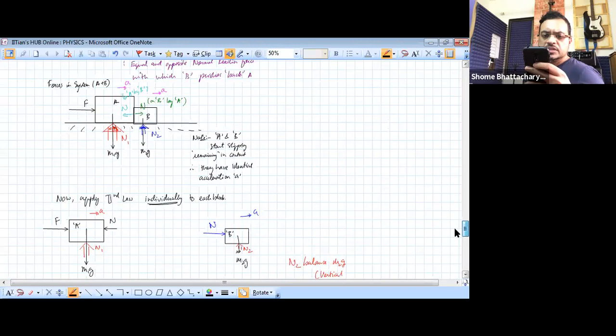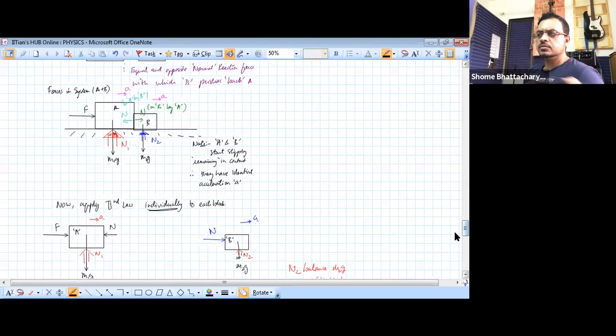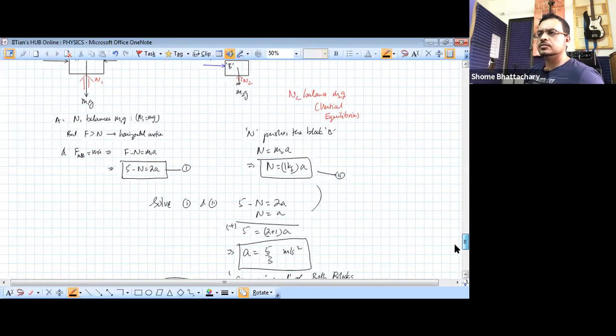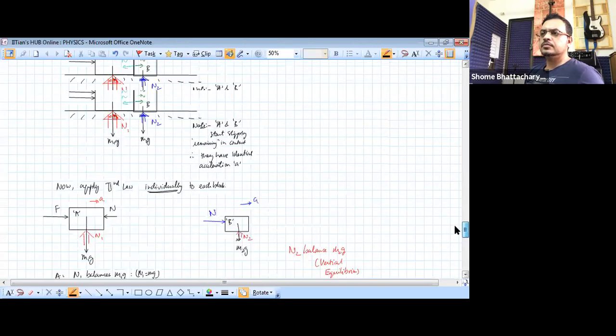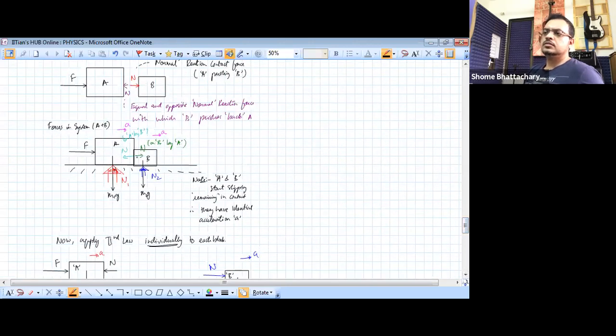On Sarvesh's request, I am going back to the 8th question, part B. So you can see now on the block B, the forces are explained in this diagram. A is pushing it towards the right, and weight and normal reaction are balancing each other.